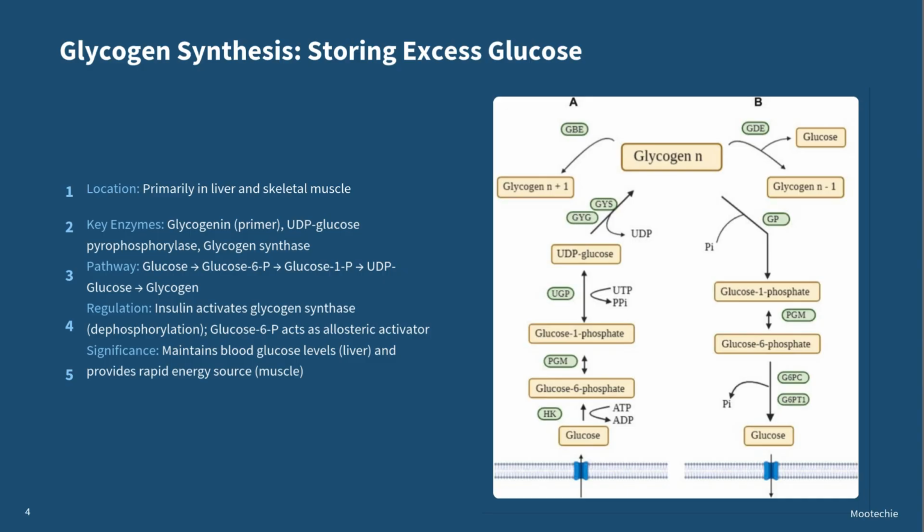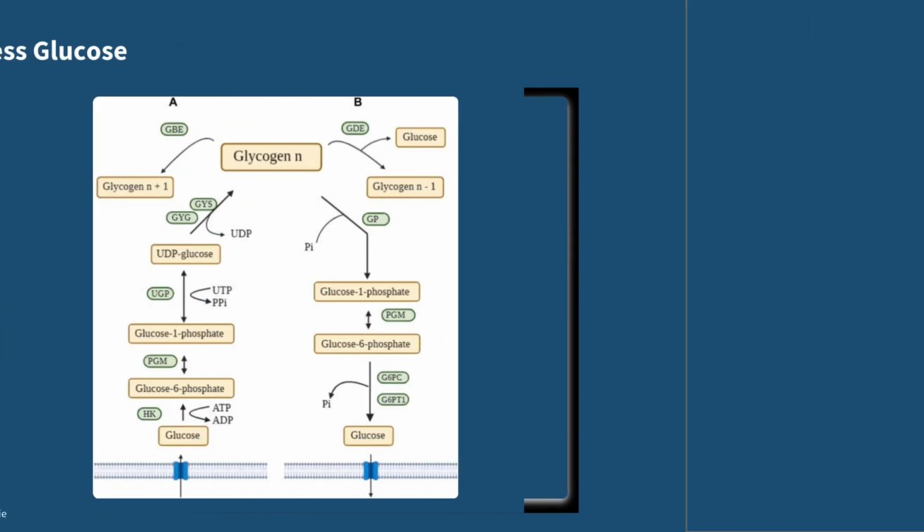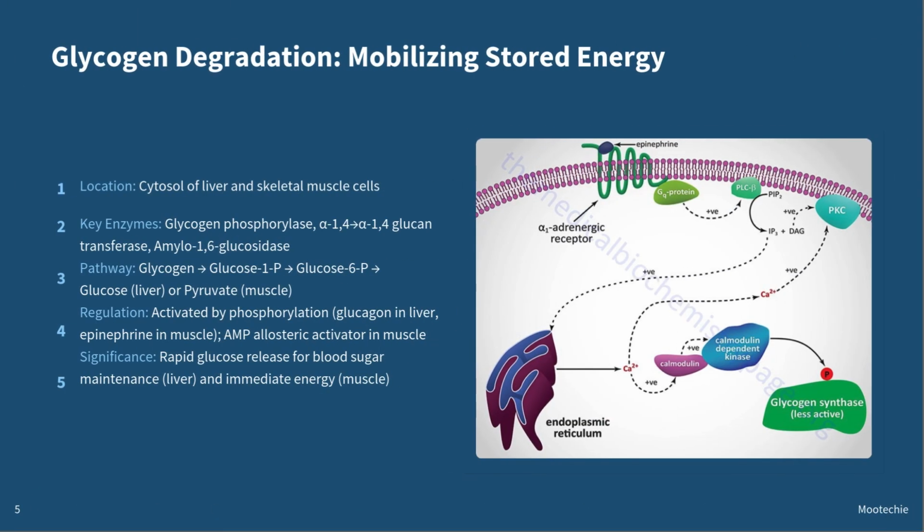Following this, let's understand glycogen degradation, which is all about mobilizing that stored energy. It takes place in the cytosol of liver and skeletal muscle cells. Key enzymes here are glycogen phosphorylase, alpha-1-4 to alpha-1-4 glucan transferase, and amylo 1-6 glucosidase.